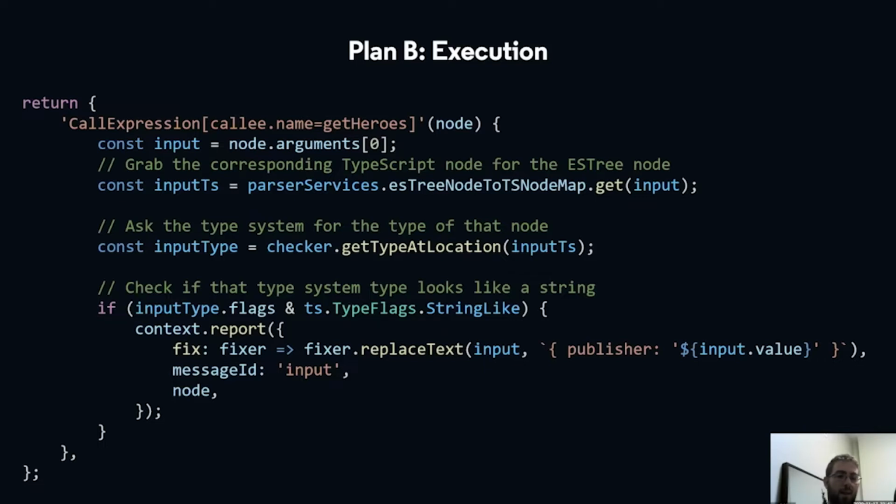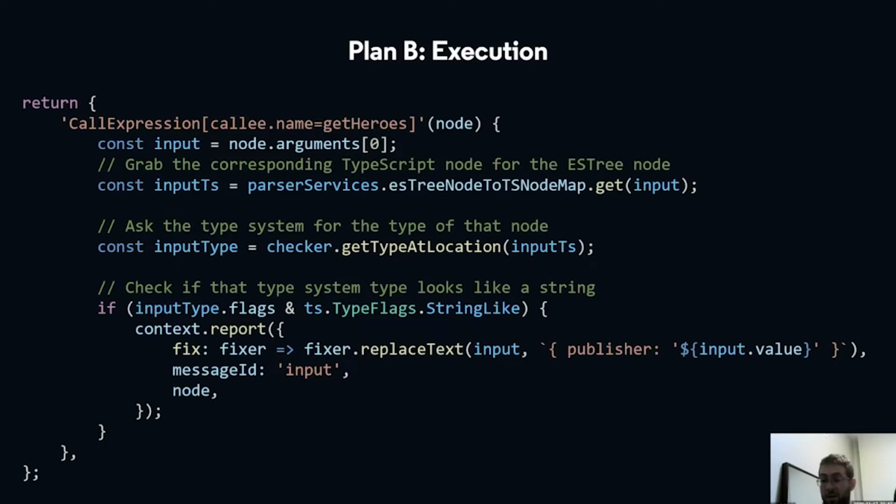Or as they say in the API, what is the type at that location? That type is a TypeScript form. It's an input type, which we're going to then check. Does that type system type look like a string? One oversimplified way of doing so is checking whether its flags bitwise operation matches the string-like bitwise.